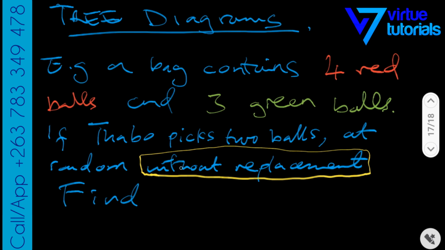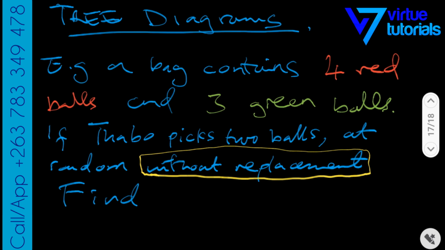And more commonly or more sensibly, it's without replacement. When Tabo is picking with replacement, if he picks the first ball, he's going to put it back, or he's going to replace it before picking the second ball. But if Tabo is picking without replacement, when he picks the first ball, he does not return it.